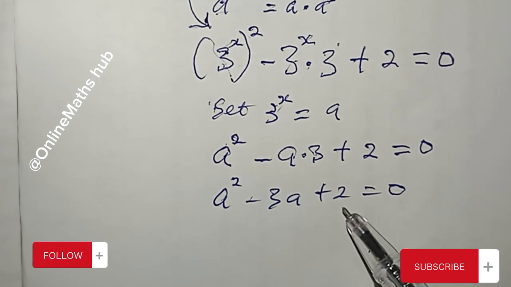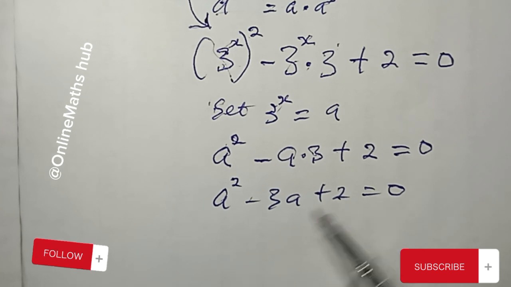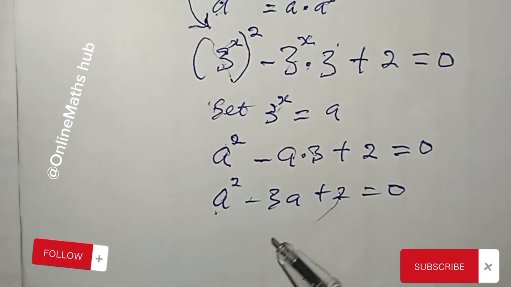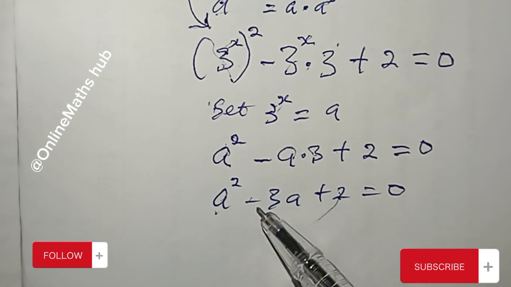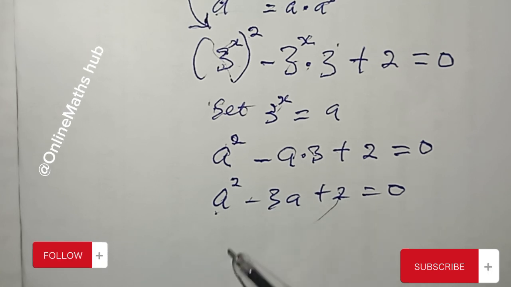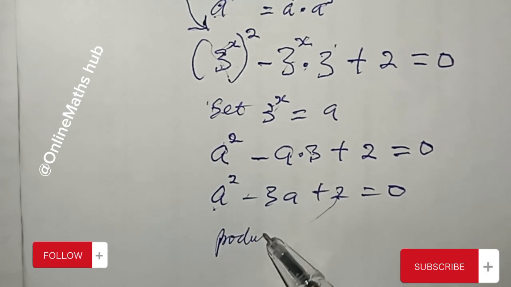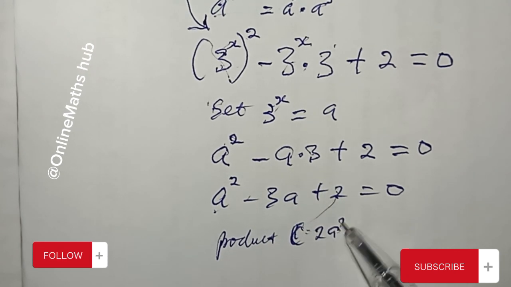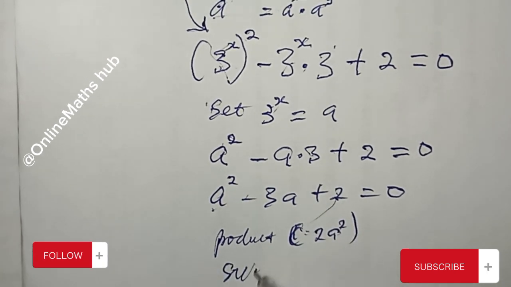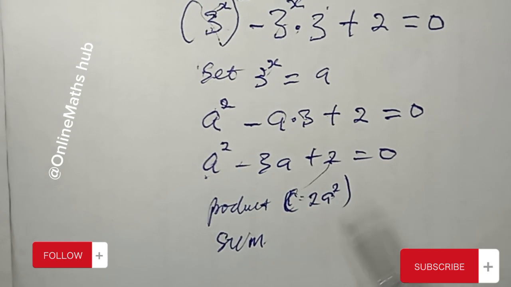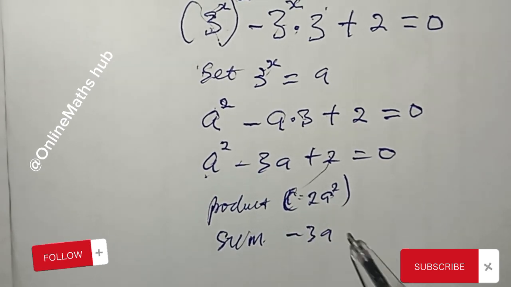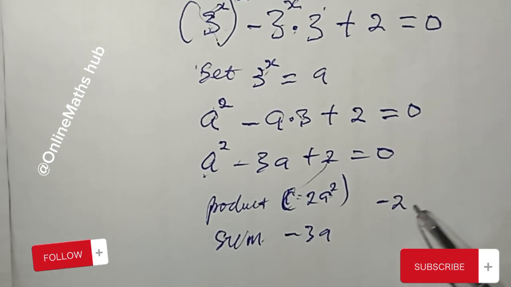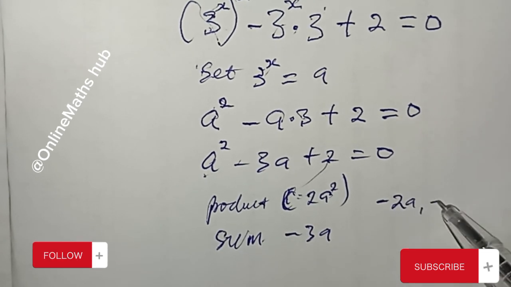So I'm going to look for two numbers that when I multiply them, I get 2a squared, and when I add them, I get negative 3a. For the product, when I multiply both of them, I get 2a squared, and for the sum, when I add those two numbers, I get negative 3a. These two numbers are nothing but minus 2a and minus a.